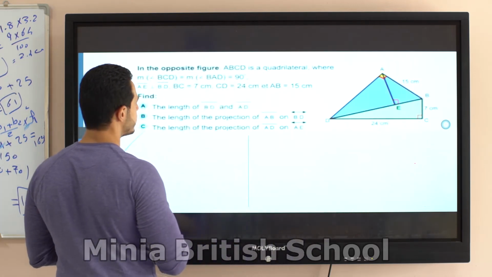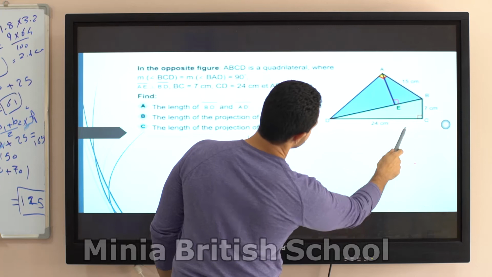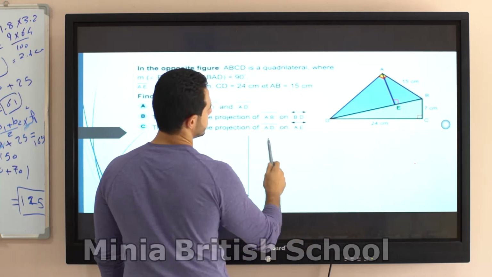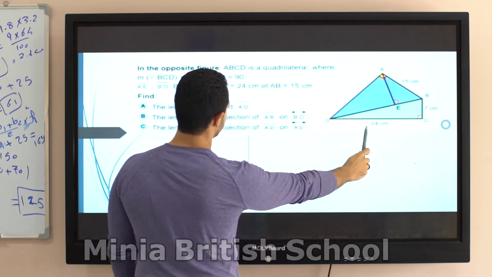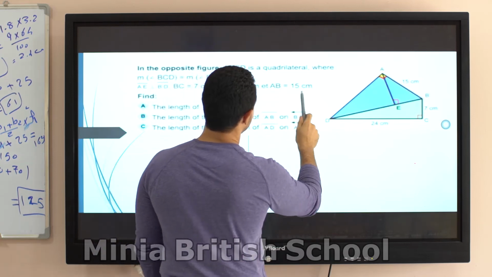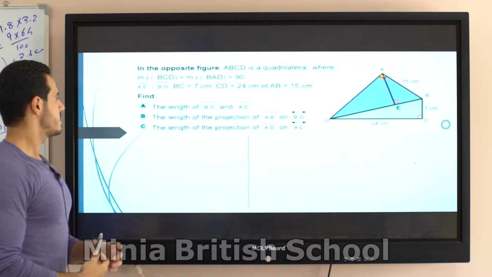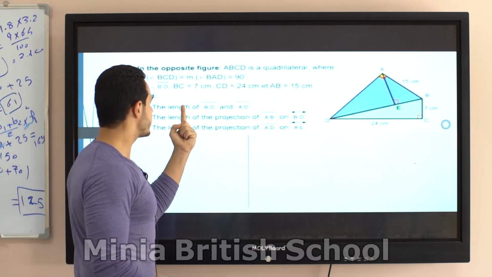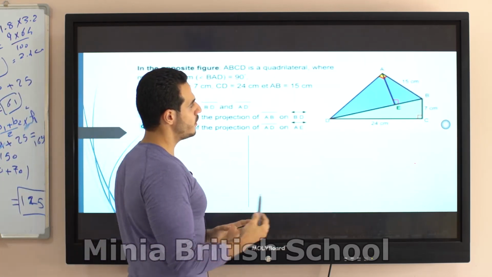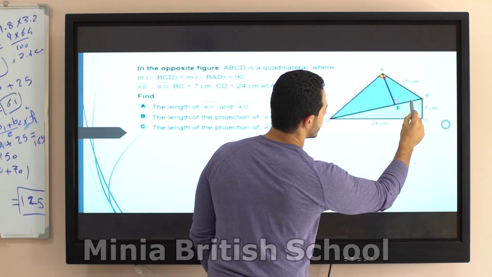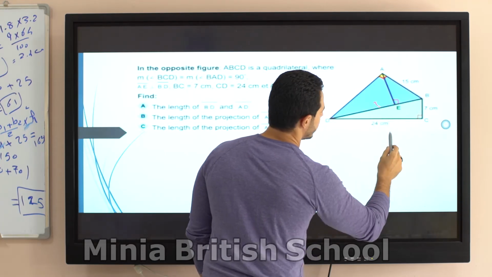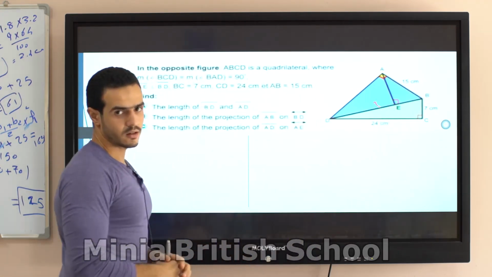BC equals 7 centimeter, CD equals 24 and AB equals 15. First, find the length of BD. Where is BD? BD is the hypotenuse in the lower triangle.